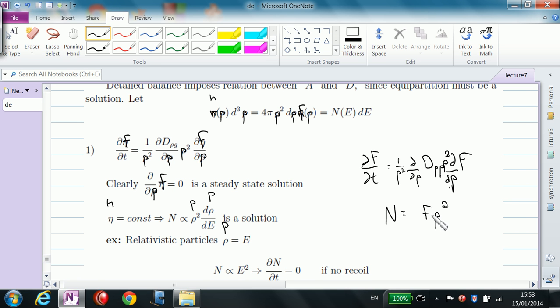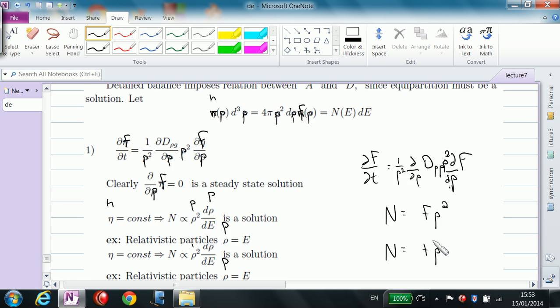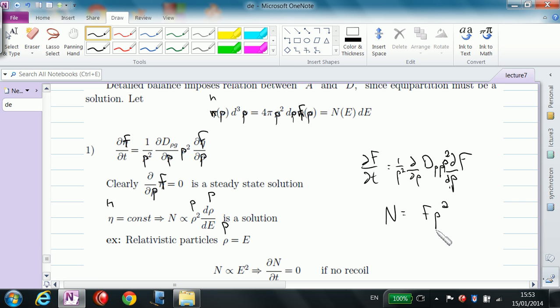So if N is p squared f, that immediately gives me that N is proportional to p squared as the steady state solution.